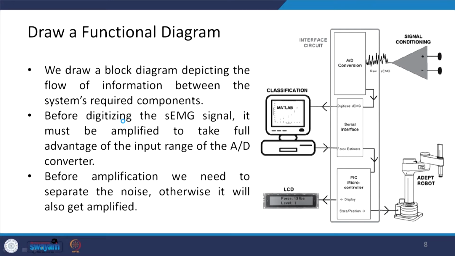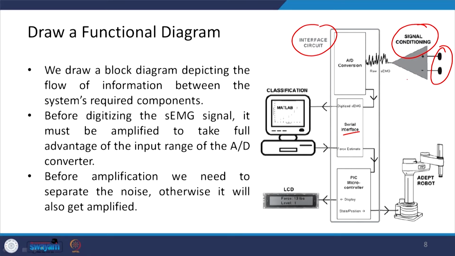And before amplification, we need to separate the noise, otherwise it will also get amplified. So, here you can see that we get the signal over here, then the signal conditioning is carried out, and then we have the interfacing circuit, which consists of A to D conversion, serial interfacing, okay, and a microcontroller basically. So, the flow of signal is something like this.